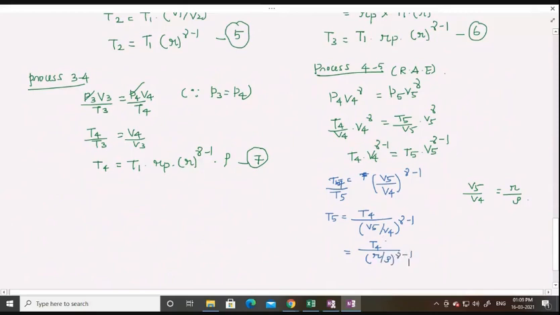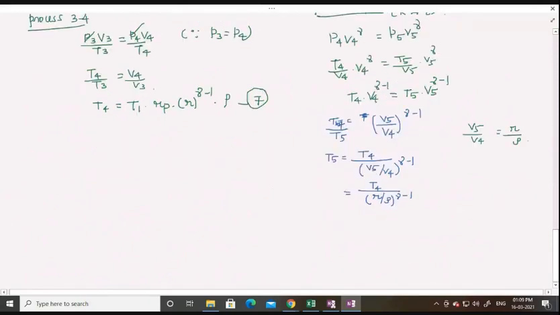Right, now you can replace the term T4 with equation number 7: T1 into Rp into R power gamma minus 1 into rho, divided by R power gamma minus 1 into rho power gamma minus 1.